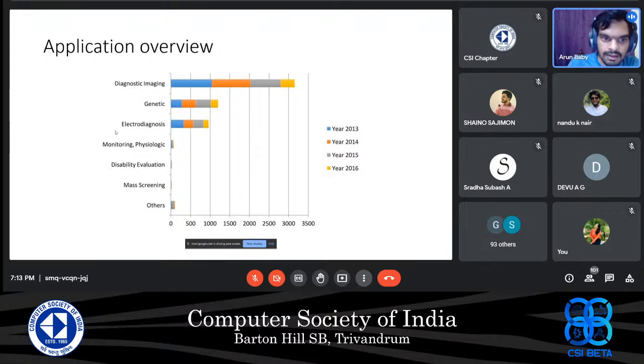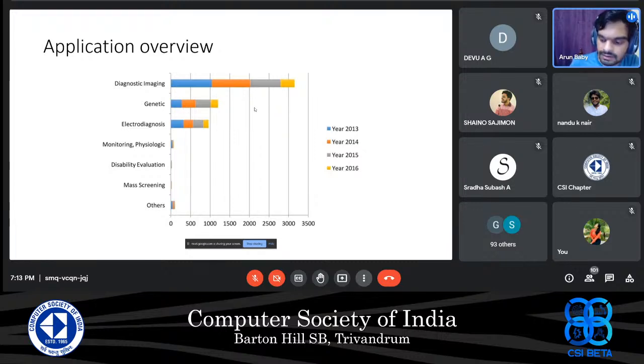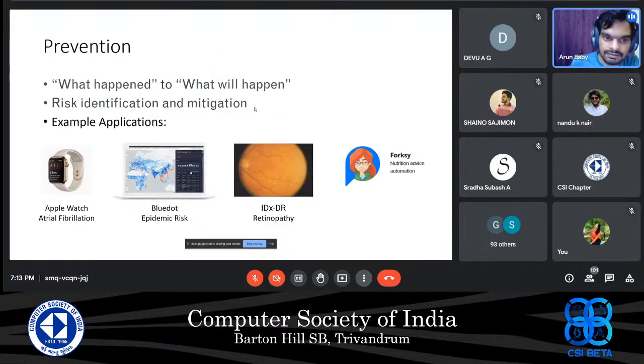As you can see, most of the applications and research papers are coming in the diagnostic imaging part. So it is the most researched and most advanced area in AI for medical research.